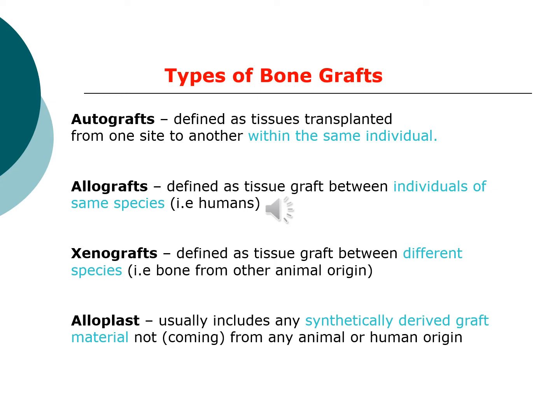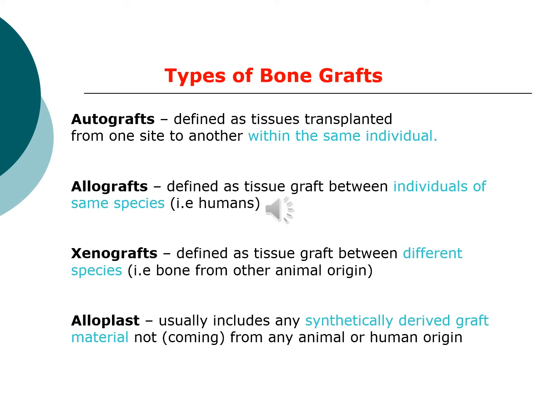So what is an allograft? The bone graft is transplanted between individuals of the same species. For example, from a dead person, we extract the bone, refine it, preserve it, and we can use it for bone regeneration. So the graft is between the same species, the human species.